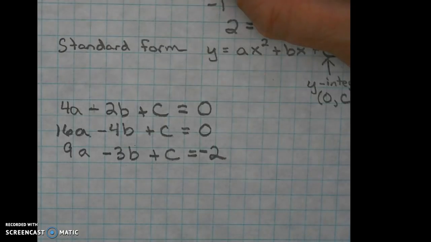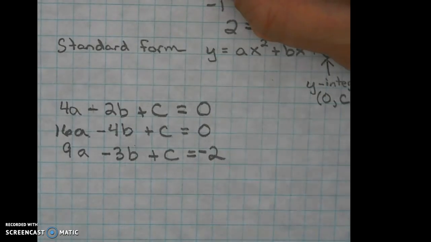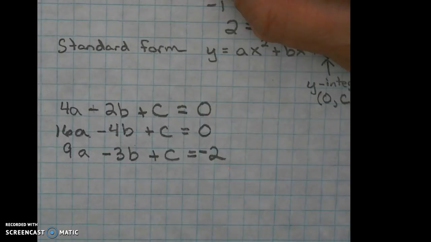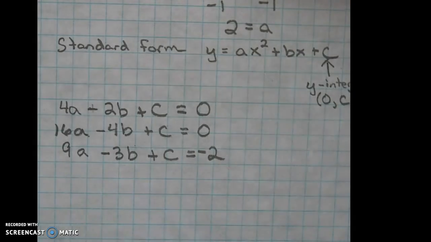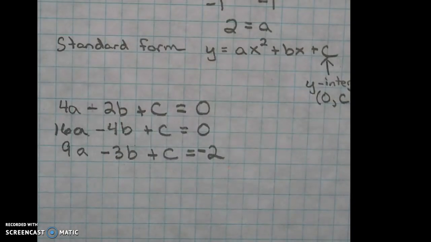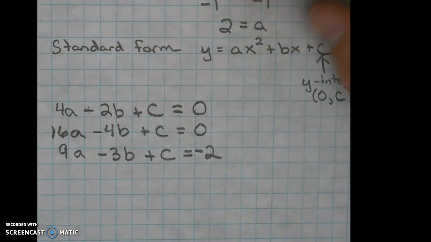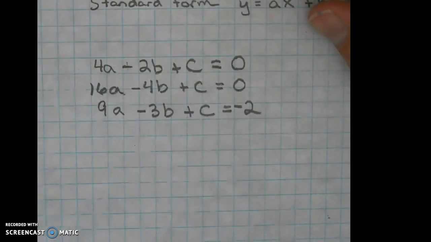Why do I hear so much groaning from the crowd? Stop groaning. We're not going to use Gaussian elimination method unless you'd like to. Okay, let's go ahead and use elimination method. So we're going to use elimination method.